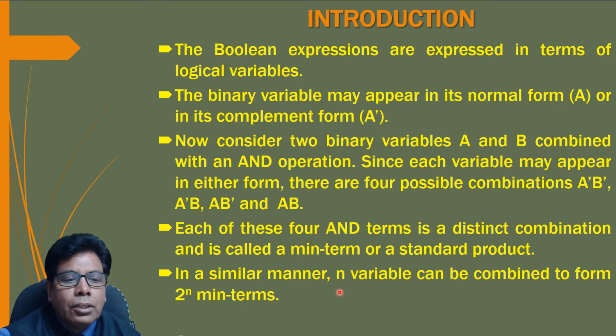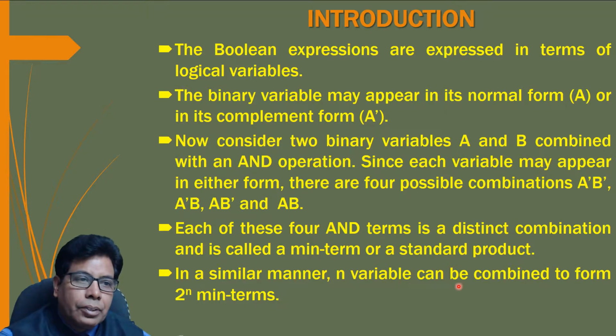If it is 2 variables, it will form 4 MINTERMs. If the value of n is 3, then it will form 2 raised to 3, that is 8 MINTERMs. If it is 4, then 2 raised to 4, that is 16 MINTERMs. In this way, n variables will form 2 raised to n MINTERMs.